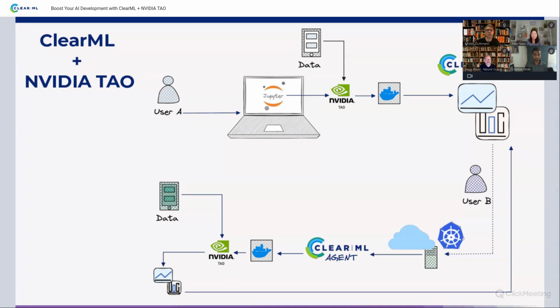So specifically, how exactly the ClearML and the NVIDIA TAO work together. So let's think about it as a process. The first step is actually running the NVIDIA TAO on your machine, whether this is a local one or a remote one. The way that works is you can just jump right into the NVIDIA TAO Jupyter Notebooks examples and run a few of those examples.